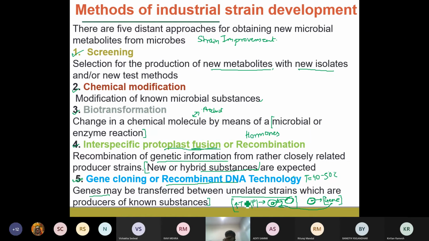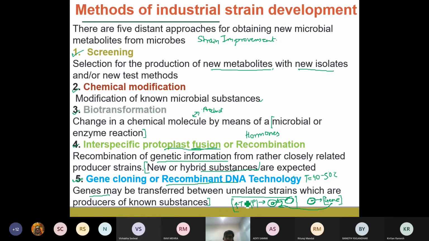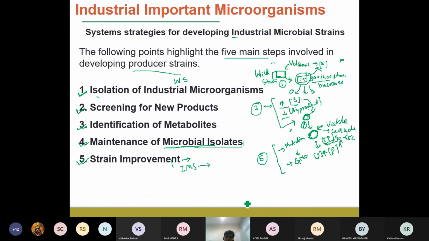There are other conditions, like if your process is acidic in nature, then you can design your microbes in such a way that they can grow in the acidic or the basic environment in the fermenter systems. Like this we do several activities. So these are the 5 steps for strain improvement, and these are the 5 steps by which we can produce industrial microbial strains.